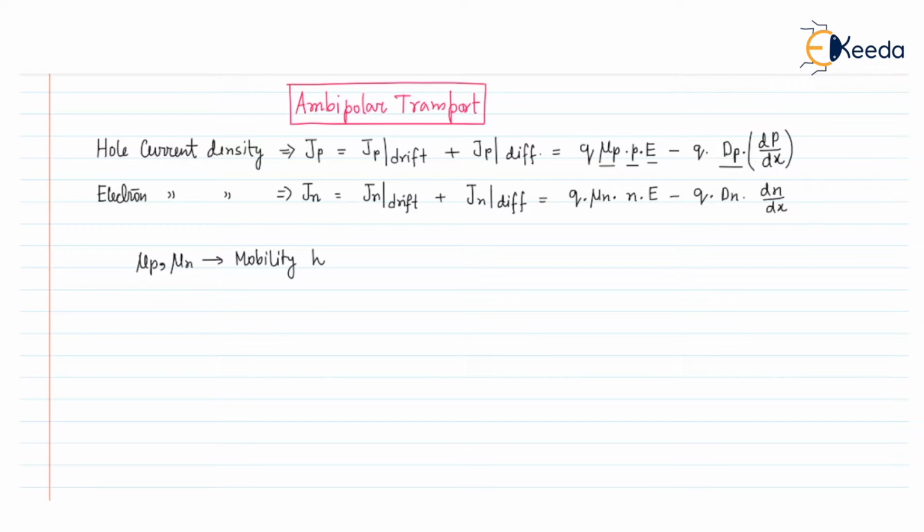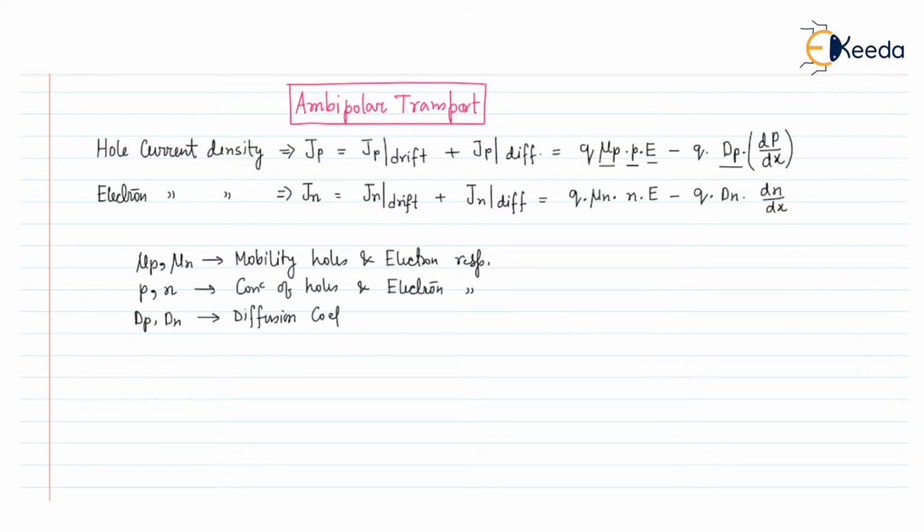So from this equation, mu p and mu n are the mobility of holes and electrons respectively. Similarly, p and n are the concentration of holes and electrons respectively, and Dp and Dn are the diffusion coefficients of holes and electrons respectively.